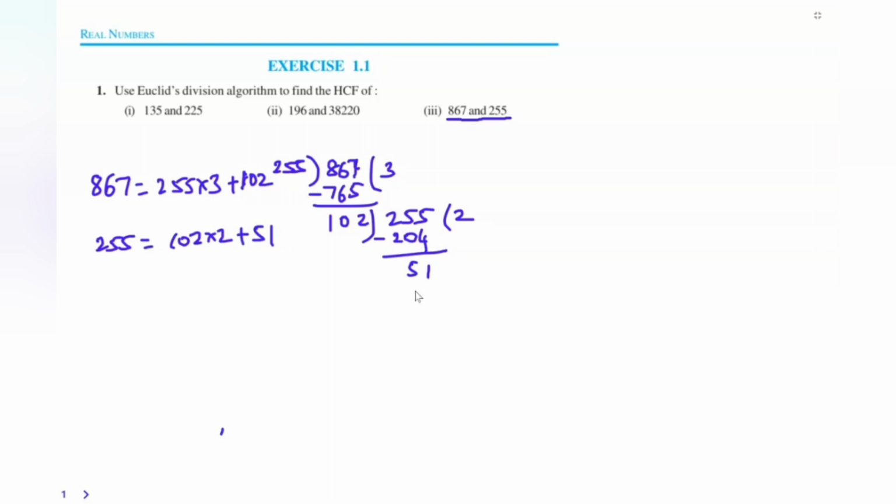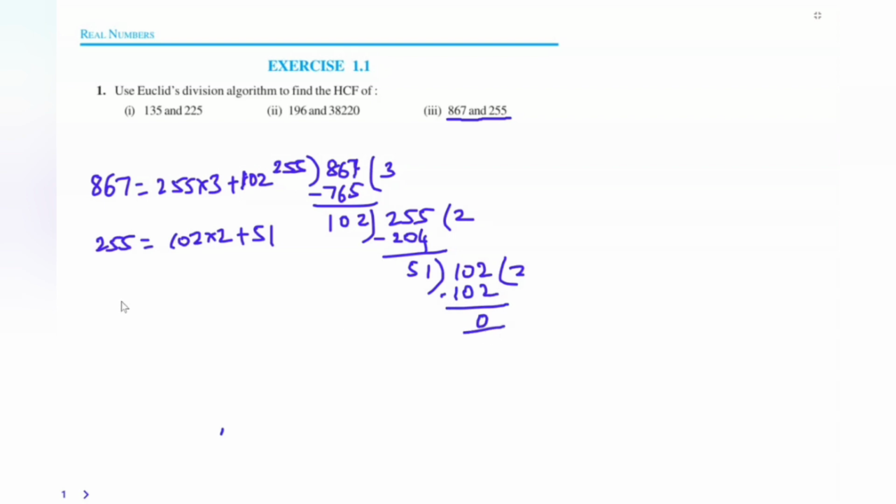Now as the remainder is not 0, let's continue the division still. 51 is the divisor and 102 is our dividend now. Applying division algorithm on these two numbers, 51 times 2 is 102 exactly. So we get 0 remainder at this stage.